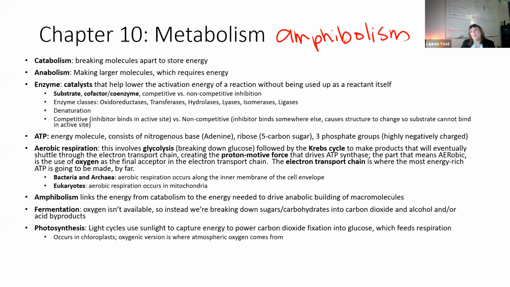Anyways, for bacteria and archaea, this whole aerobic respiration process is going to occur along the inner membrane or the cytoplasmic membrane, essentially, of the cell envelope, whether you're gram-positive or negative. And then in eukaryotes like you and I, this is going to be happening on the folds of the cristae of the mitochondria in our cells. Then we already talked about amphibolism and how that's catabolism and anabolism working together.